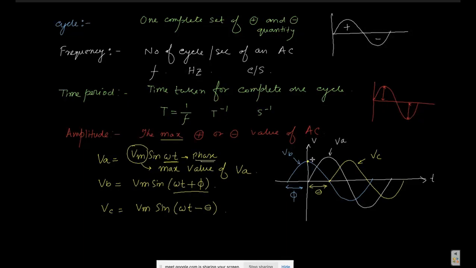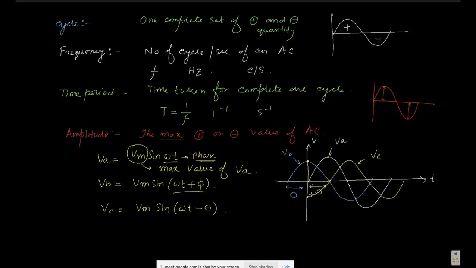Did you get my point? And when VA is at maximum, at that time VC starts generating, and if you plot it like over here, so this is a minus. Did you get my point?